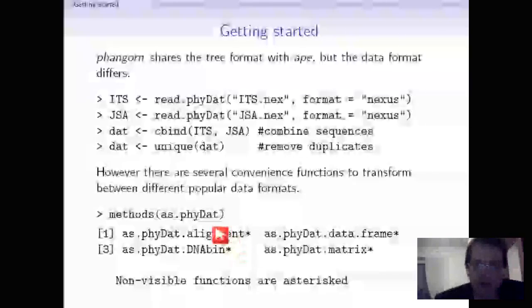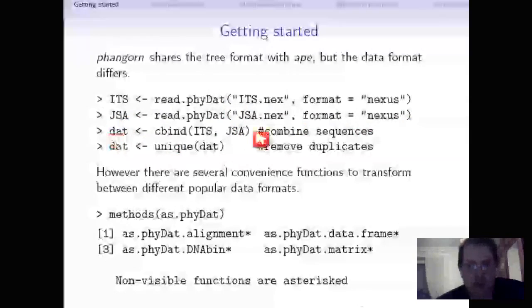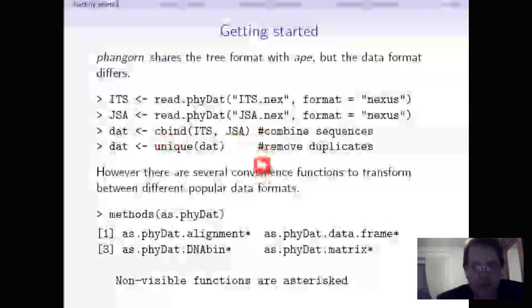So, once we've read in the data, which here I did with this function read.phyDat, I can also combine sequences. So I just read in 2 genes, and then I write cbind, and then I'm combining these sequences.